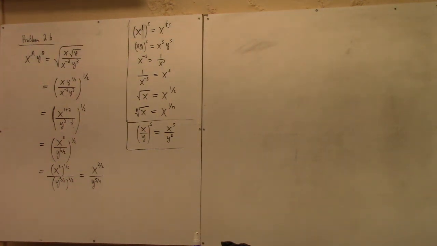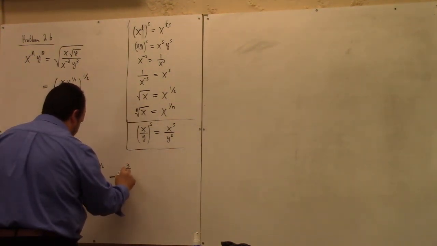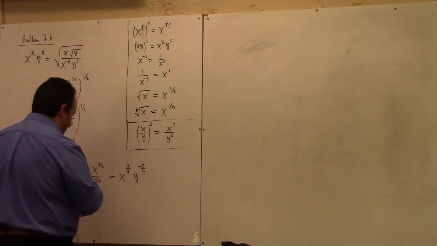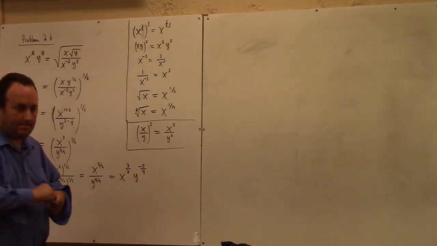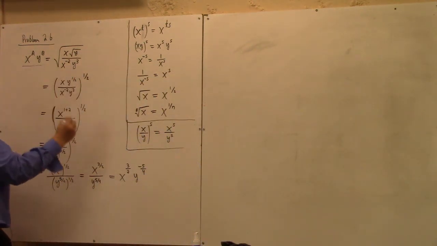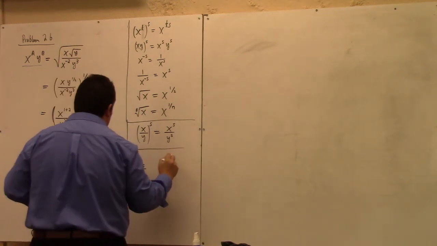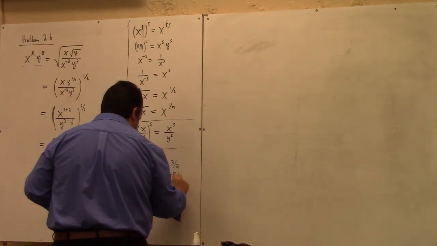We have to bring the y back upstairs because that was the format we're looking for. So then it's just pattern matching. We just compare this against that, and you can see A is 3 halves, and B is minus 5 fourths.